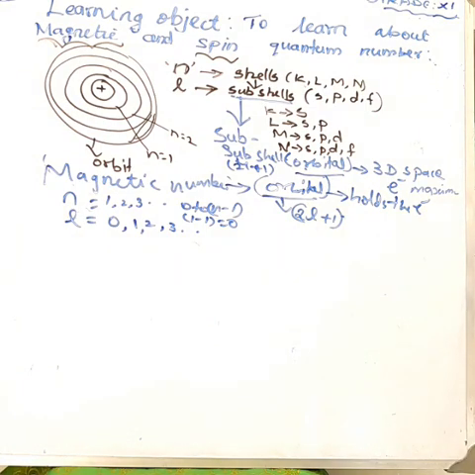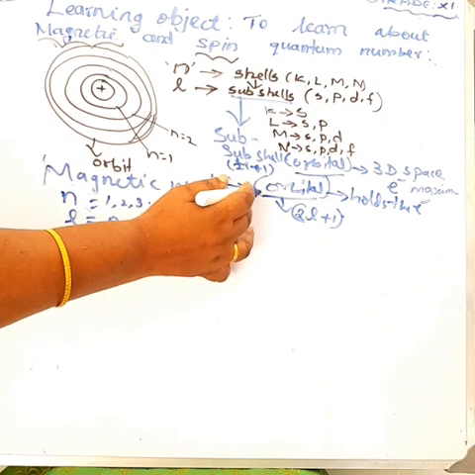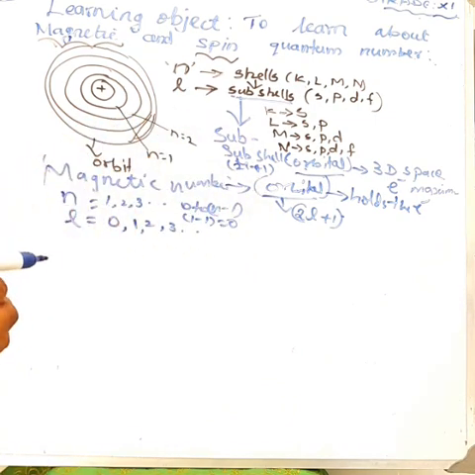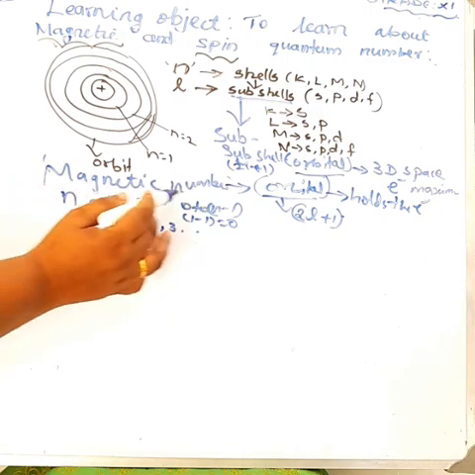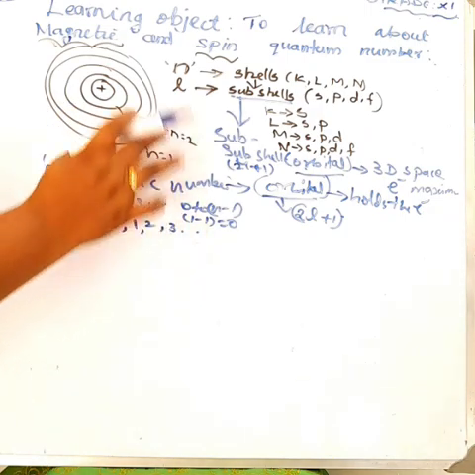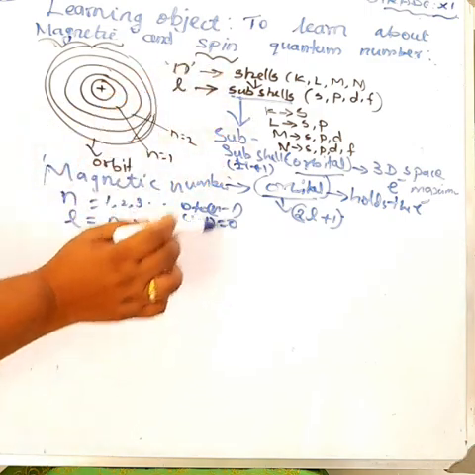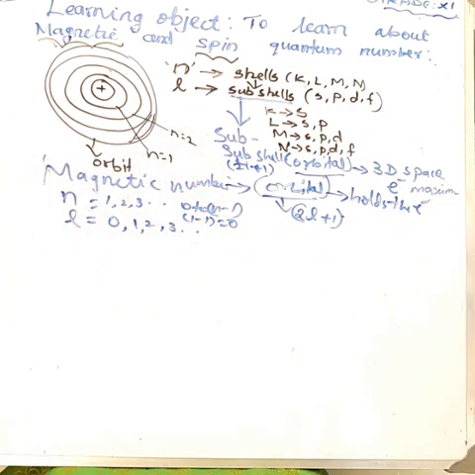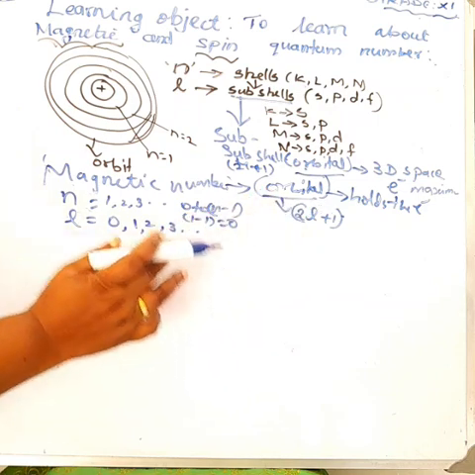Here the magnetic quantum number represents the orbital. In each subshell there are 2L plus 1 orbitals.